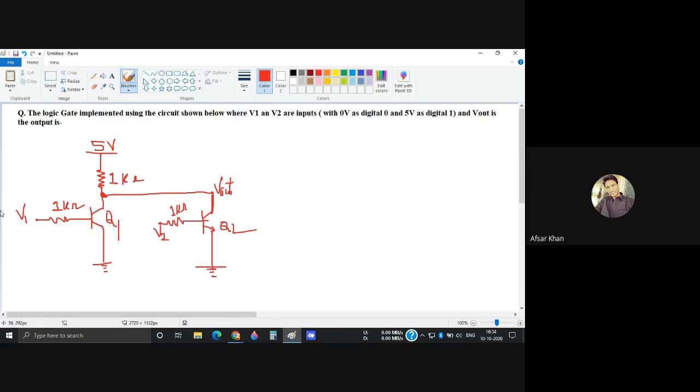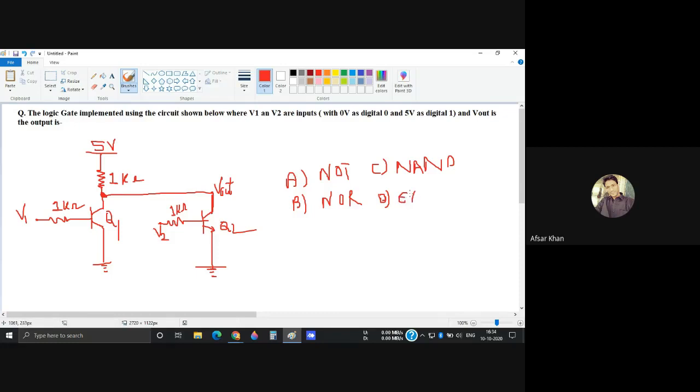Our options are A, NOT gate, B, NOR gate, C, NAND gate, and D, XOR gate.